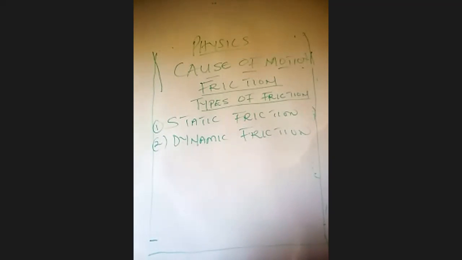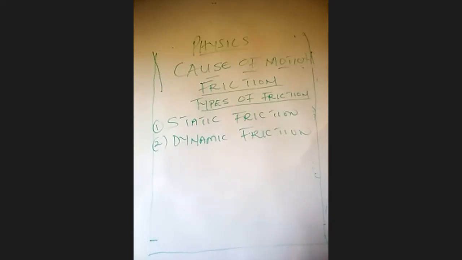Let's say that we want to observe the effect of friction. We can observe it by attaching a spring balance to a block of wood and pulling the balance along a smooth board.